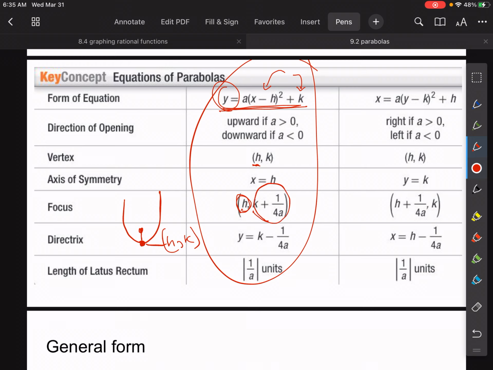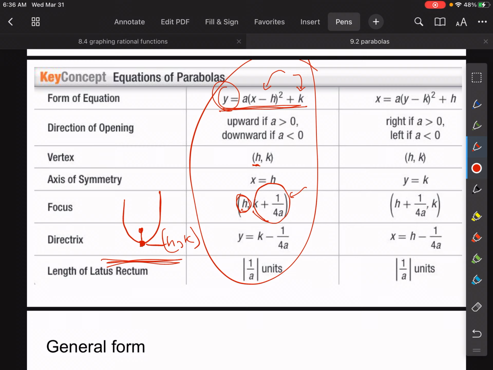The algebra behind that is a little bit complicated, and you can look it up, and I can give you some information on that, but for now, just know that it's k plus 1 over 4a. And then the directrix, this line here, will always be y is equal to k minus 1 over 4a.